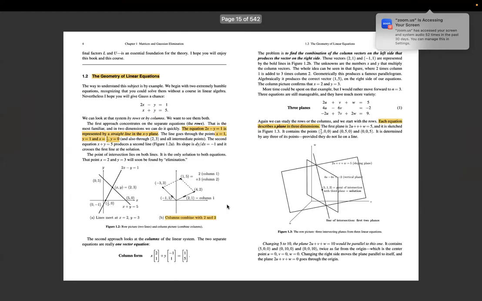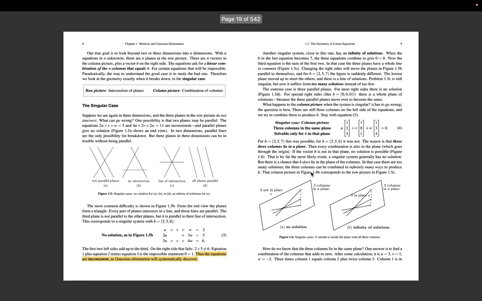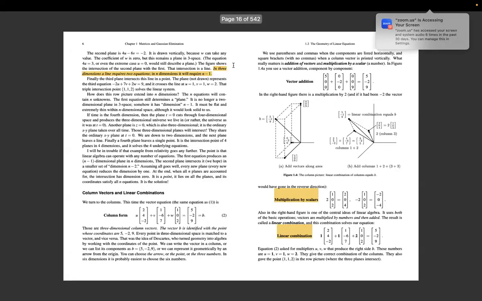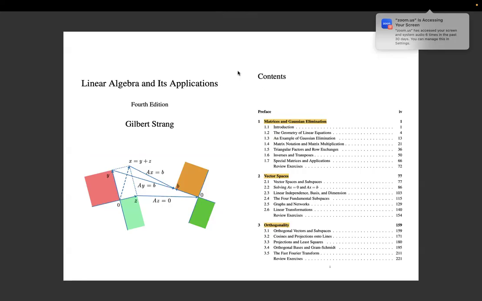It walks through the concept of a line, the concept of a plane, and how we can solve the equations, the elimination method, the cost of the elimination method, and a bunch of these. So essentially I'm just trying to cover this book bit by bit. First we'll understand matrices and then we'll understand vector spaces.